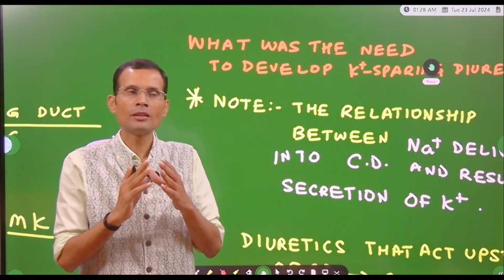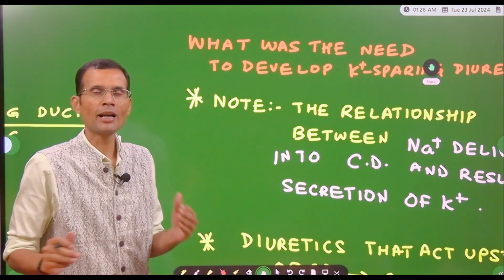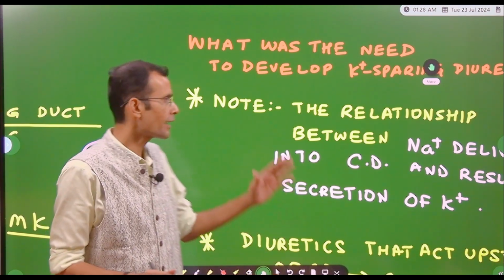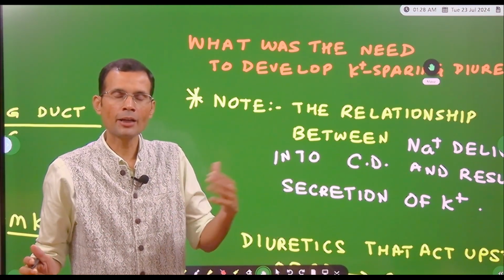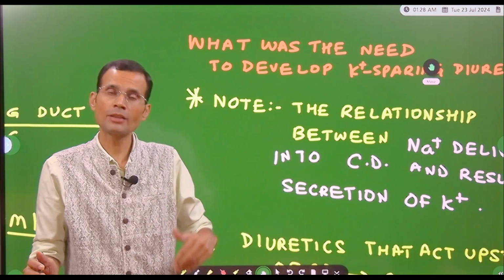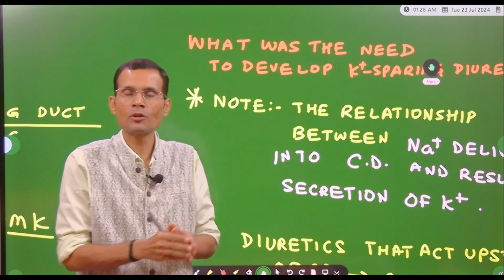Now coming to the important aspect, what was the need to develop potassium sparing diuretics? Let's understand that. There were diuretics like loop diuretics, highly efficacious, and thiazide diuretics. But what was happening? What's the common theme?